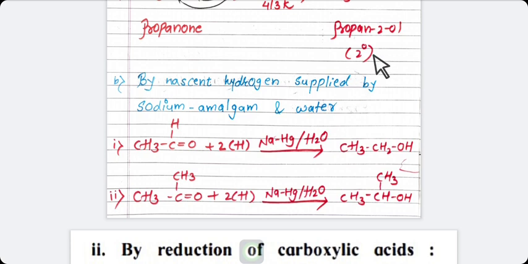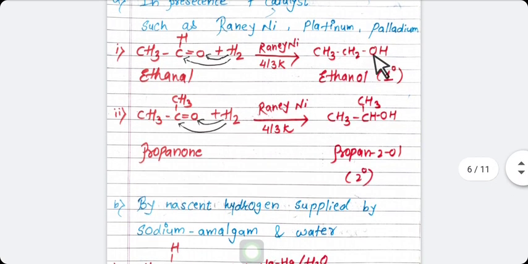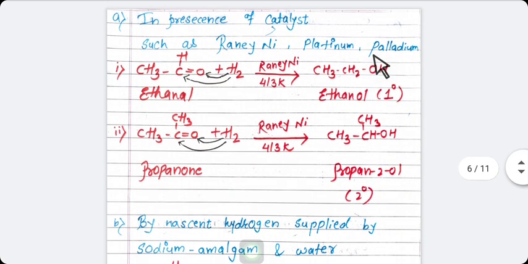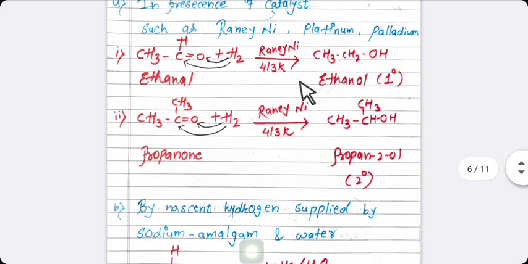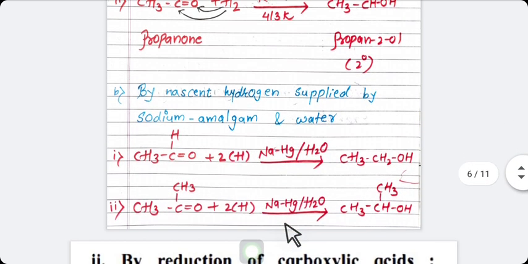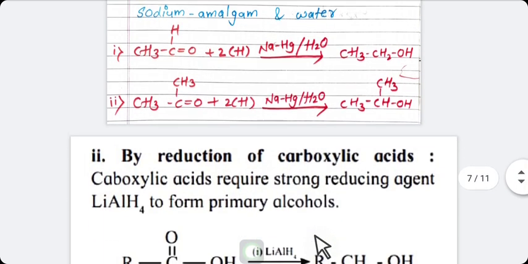So don't get confused in both the reactions. In the first method we use hydrogen in gaseous form in presence of catalyst at 413 Kelvin, and in the second method the hydrogen is in nascent form supplied by sodium amalgam and water. No tertiary alcohol will be obtained by this method.